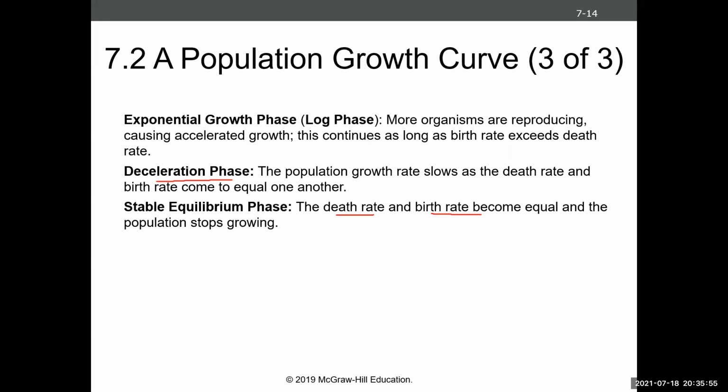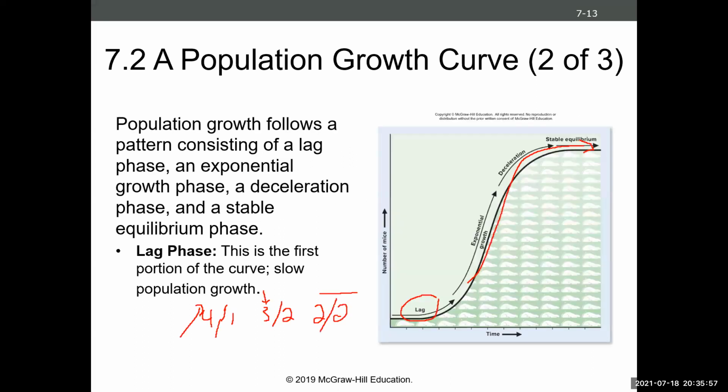And what kind of drives this typical curve is that, fairly early on when populations are low, they have a lot of resources per individual. And then that means that they can have a lot of offspring. And so they'll have a lot of offspring, and they'll have higher replacement.